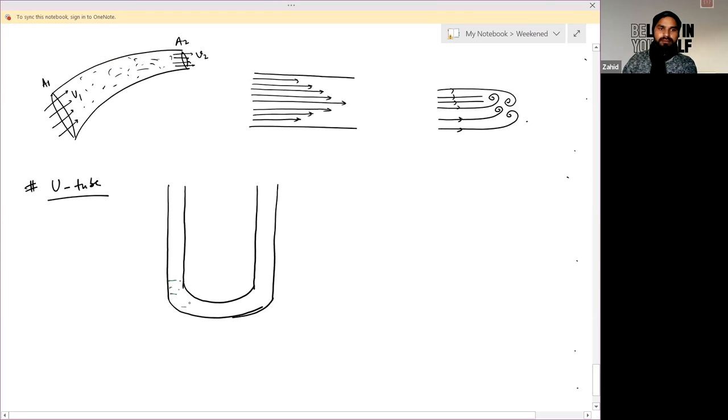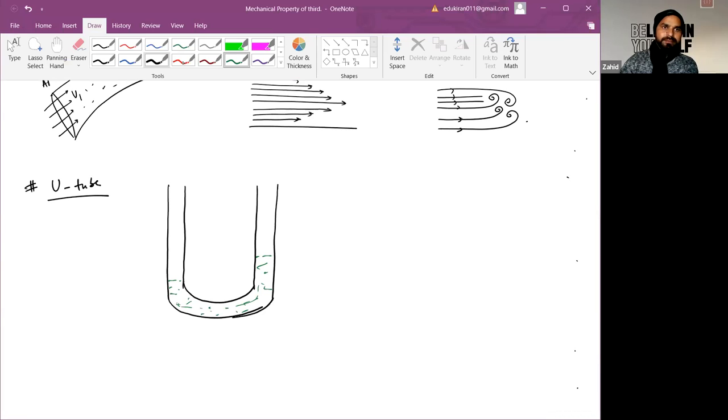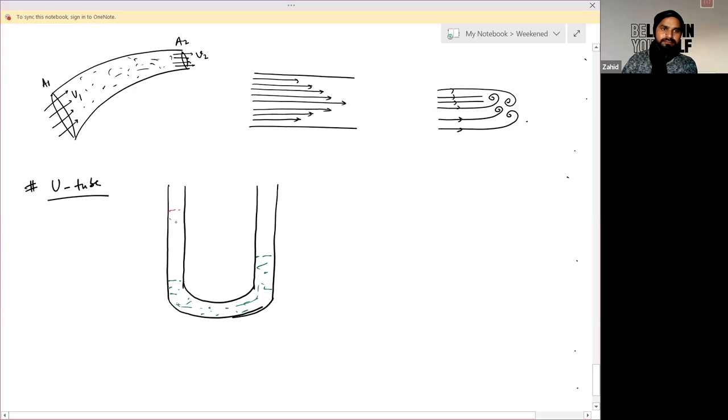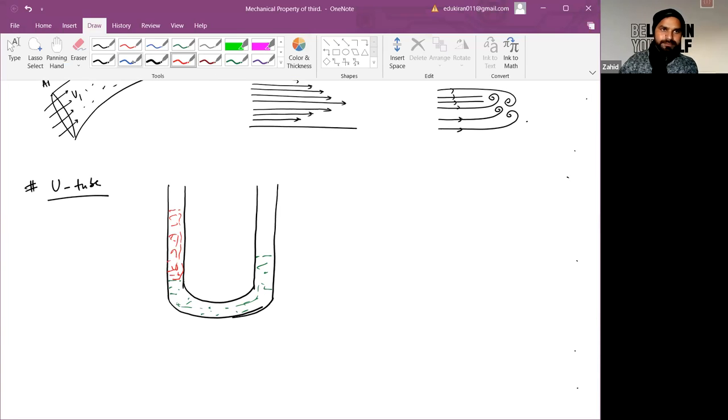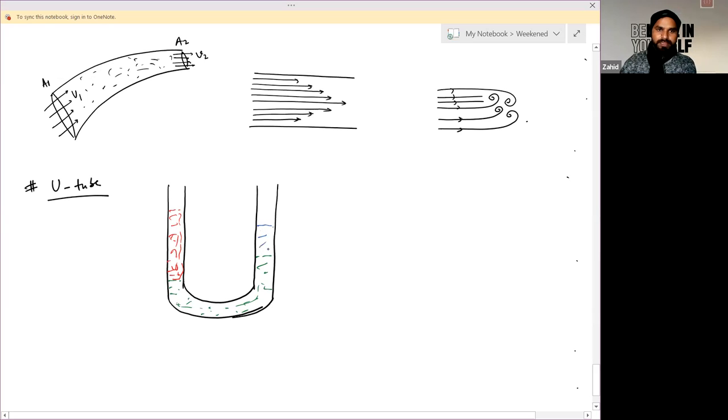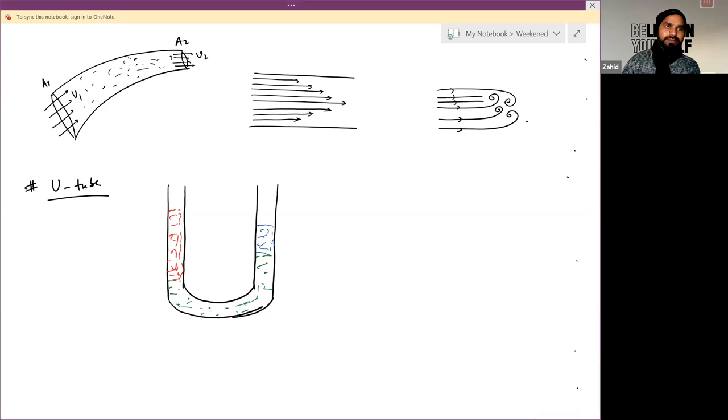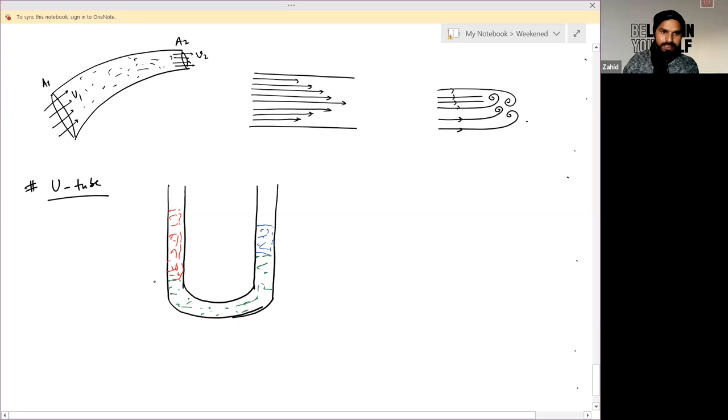One will be till this part, and the other will be till this. And next, in this arm, it will be till this part. So for this type of problem, just draw a horizontal line from its lowest point or lowest junction. So in this part, it will be along this line.